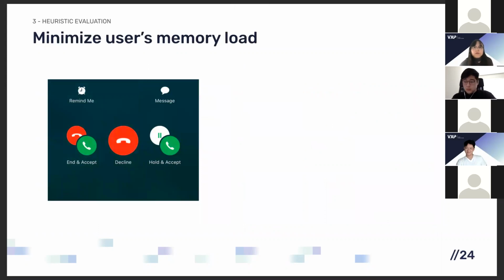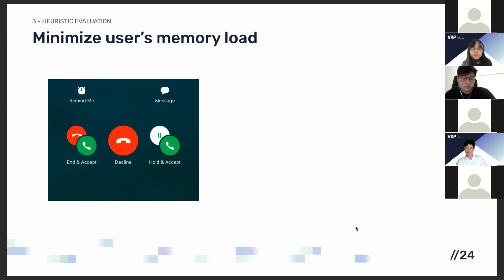And we have minimize users' memory load. We are not good at remembering complicated information, and people rely on recognition instead of remembering. So can your interface minimize users' memory load? I'm sure everyone has seen this screenshot and had that freaking out moment where you have no idea which option to choose. This is when you overload users' memory.